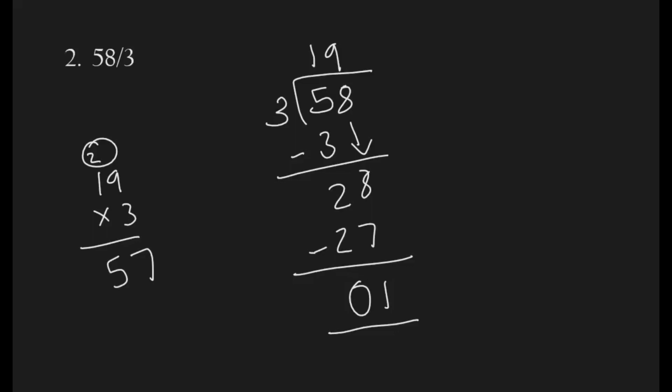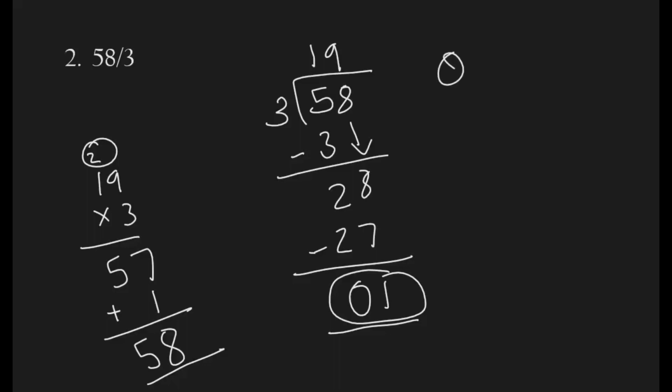We got a 57, and we have a 1 here, so we're going to add. Plus 1 equals 58. We got the right answer. So our quotient equals 19 and our remainder equals 1.